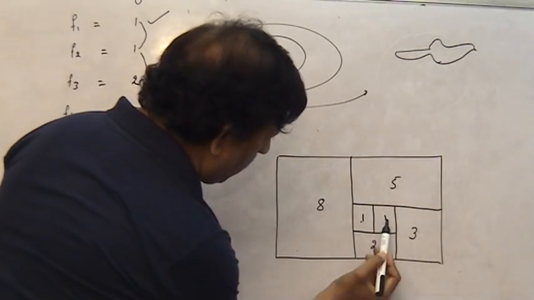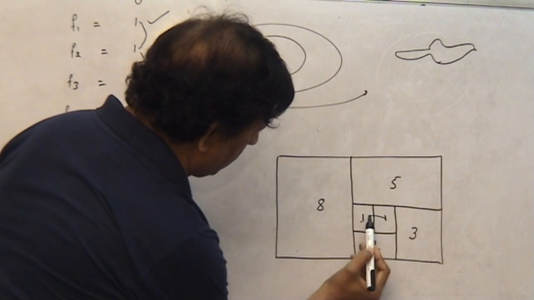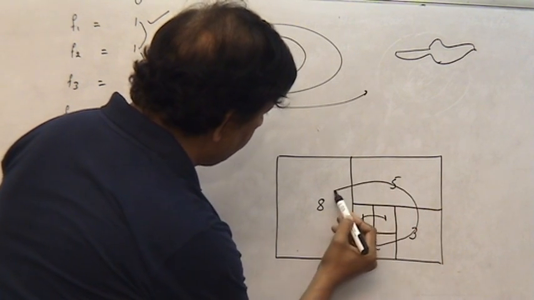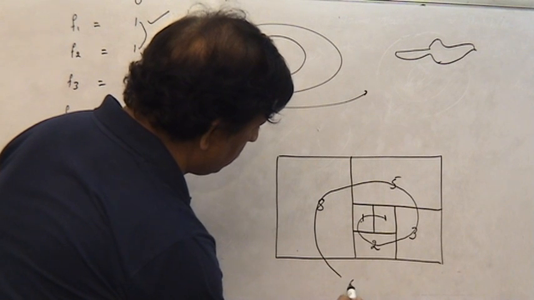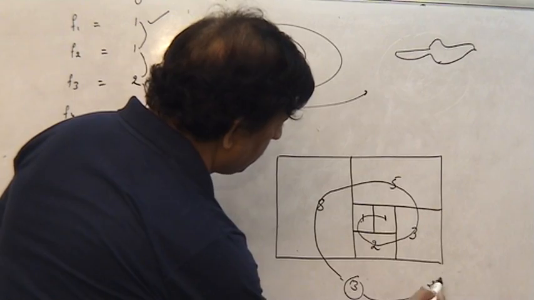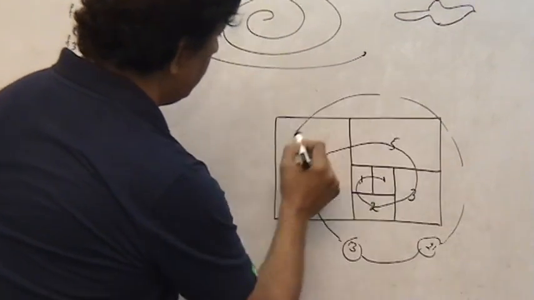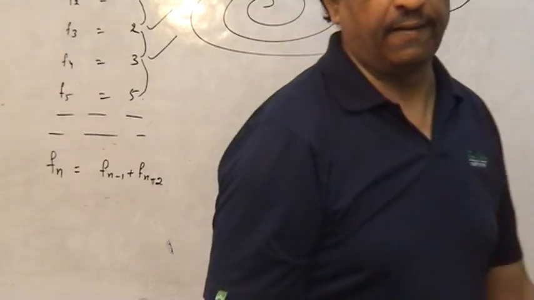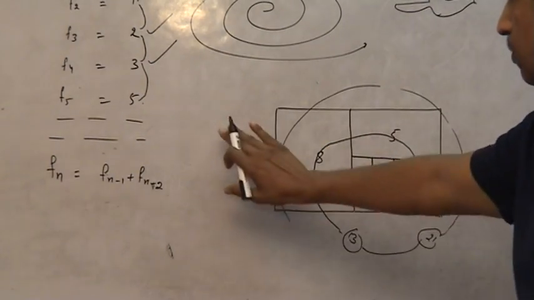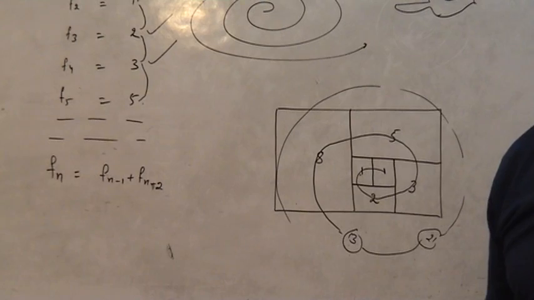Now, if we start joining these numbers like this, 1, 2, 3, 5, 8, and the next number is 13, and after that 21, you will see it will form the spiral. It means nature also follows the rule of these golden numbers.